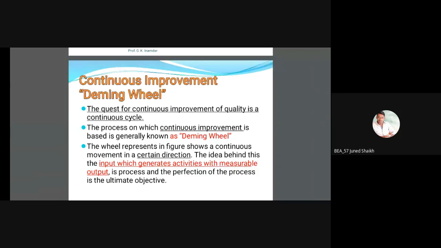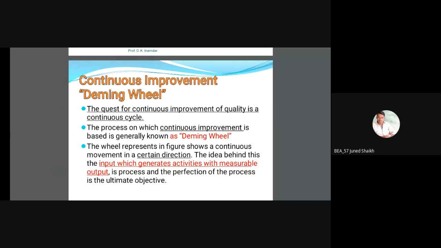Okay, so we will take a very short introduction to the Deming wheel or PDCA cycle. The process on which continuous improvement is based is generally known as the Deming wheel. The wheel represented in the figure shows continuous movement in a certain direction. The idea behind this is that the input generates activities with measurable output.